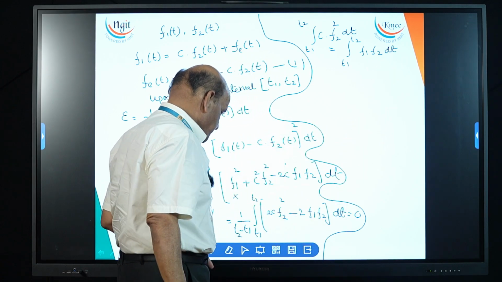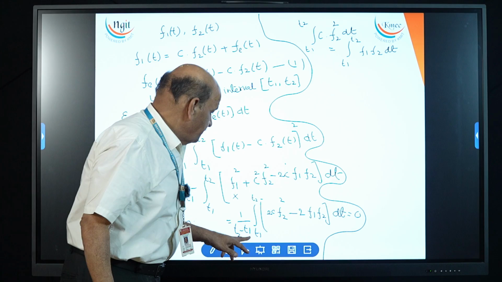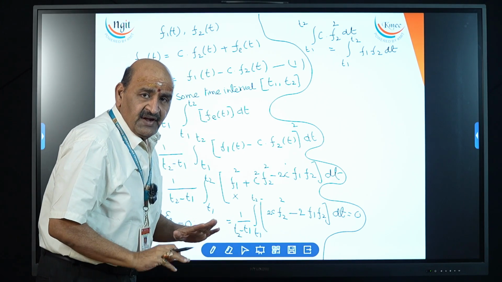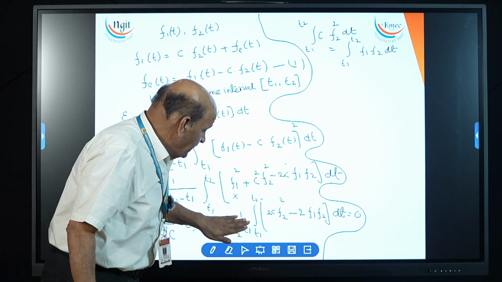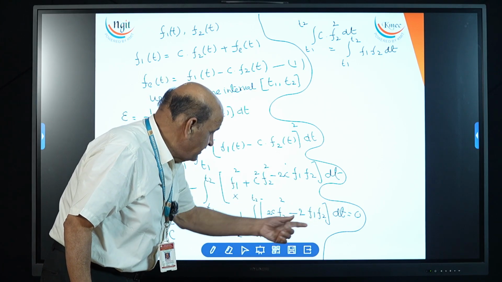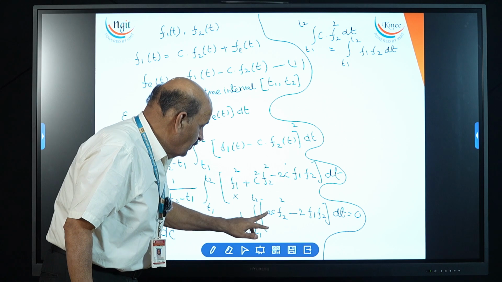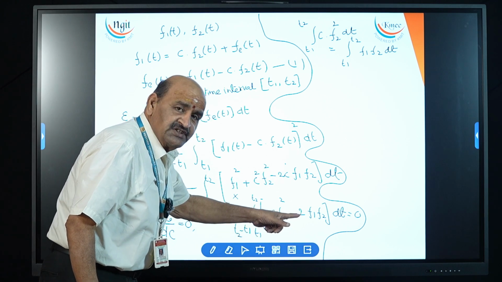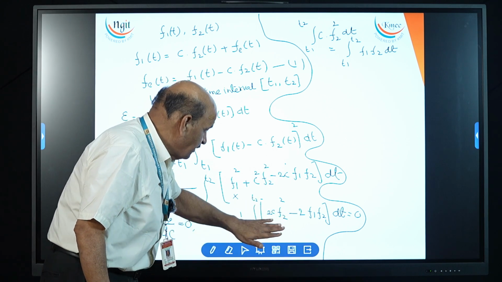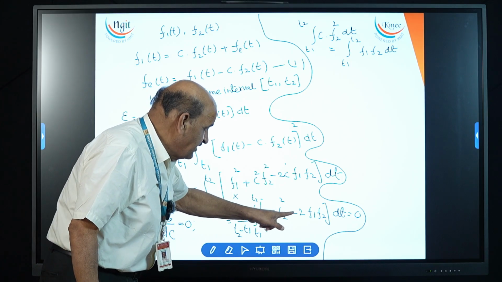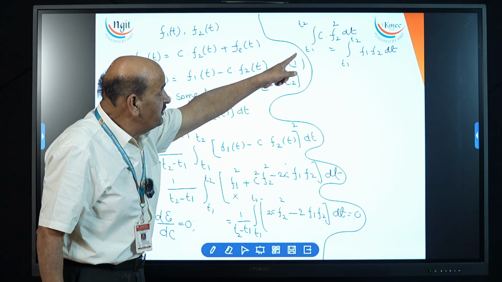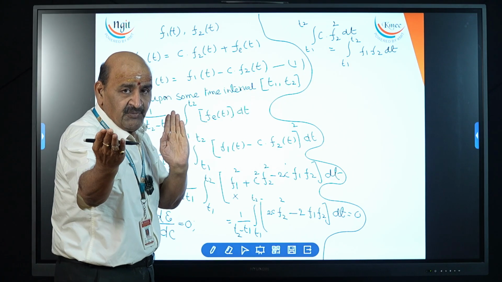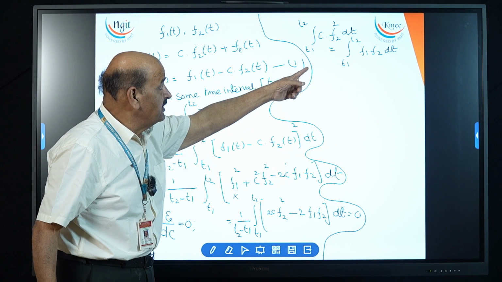Now just look at. No difficult steps. 1 by t2 minus t1 is a constant. Taking this to RHS side, this will become 0. 2 is constant, 2 is constant, you can cancel. Now this part, minus is there. Taking that to the other side, this minus will become plus. You will get, expanding the two integrals, look at this one.